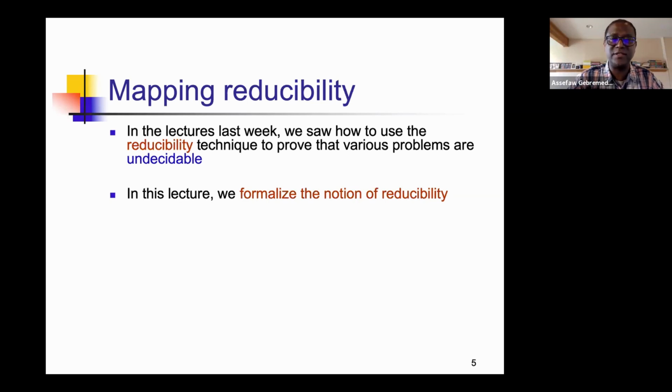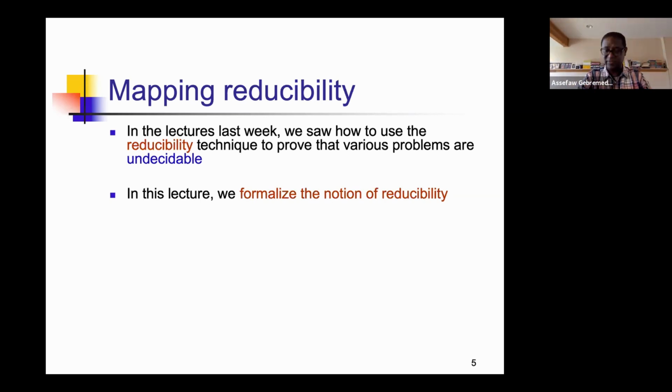Has nothing to do with this, but we have made use of a powerful technique called reducibility to show problems are undecidable. And we grew a list of undecidable problems out of a basic one that we proved through diagonalization, A_TM, the acceptance problem of a Turing machine.